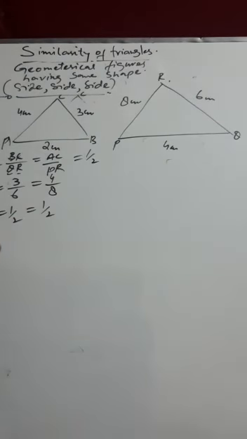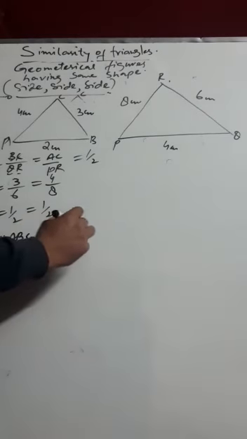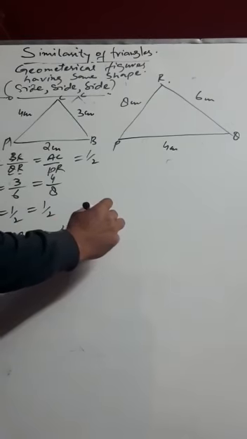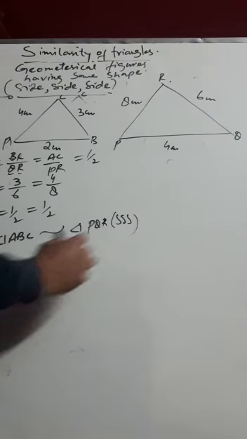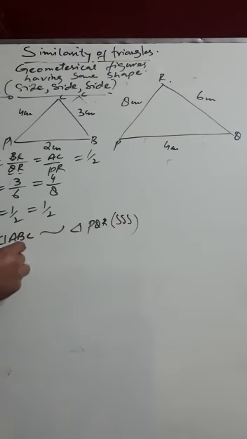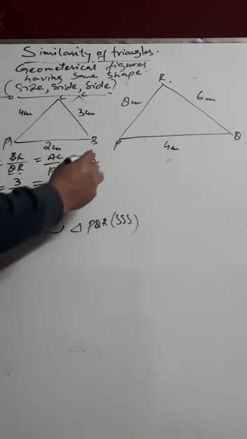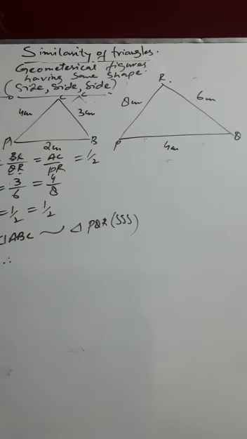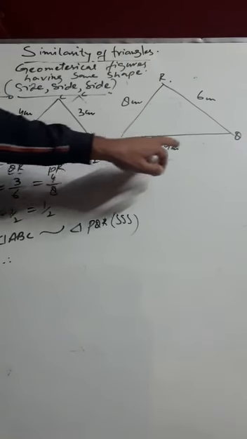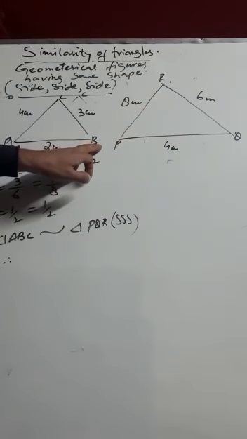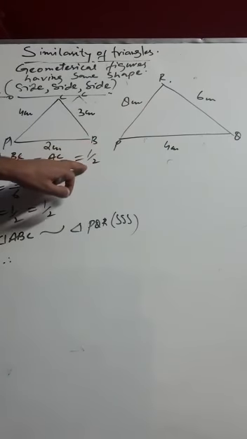Or we can say triangle ABC is similar to triangle PQR, once again with one-to-one correspondence. It means triangle ABC is a scaled down triangle of PQR by a factor of 1 by 2.